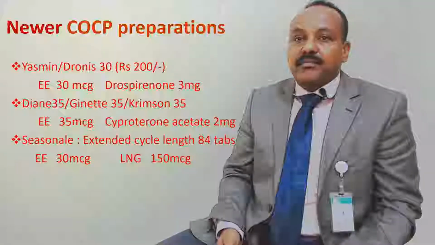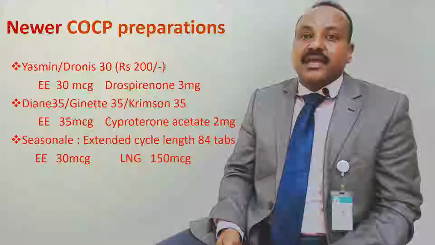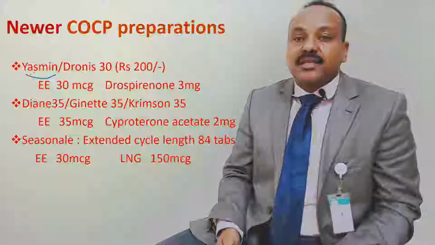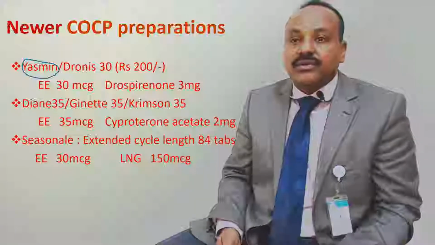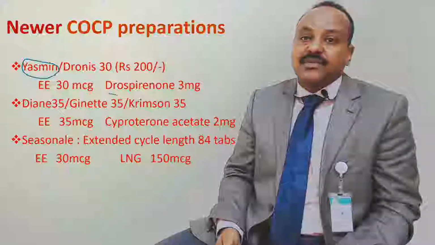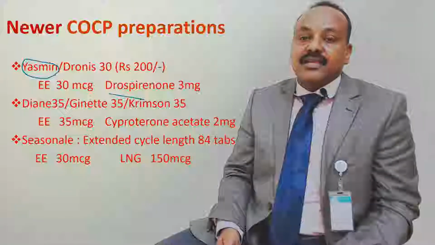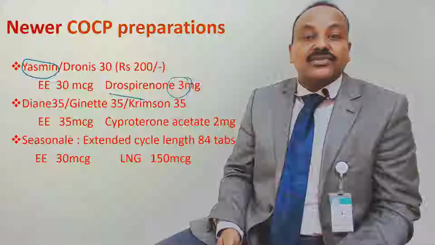There are newer preparations of the combined oral contraceptive pill, like Yasmin, which contains ethinyl estradiol 30 microgram and drospirenone 3 milligram, and Diane, ethinyl estradiol and cyproterone acetate, also Seasonale.